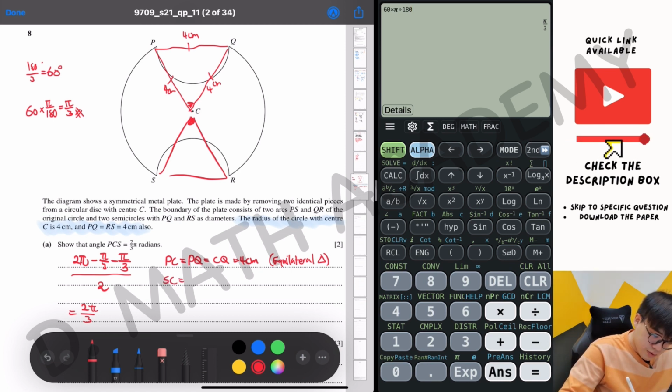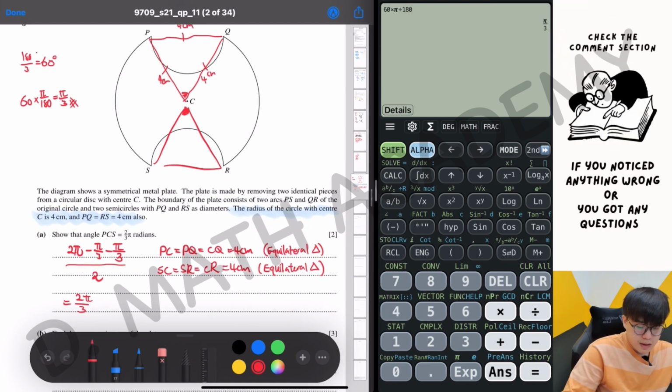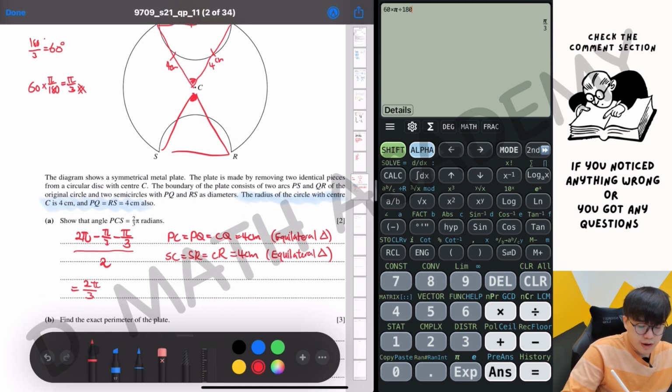SC equals SR equals CR equals 4 centimeters as well. Same thing, it is also an equilateral triangle. An equilateral triangle will have 60 degrees times pi over 180 equals pi over 3.